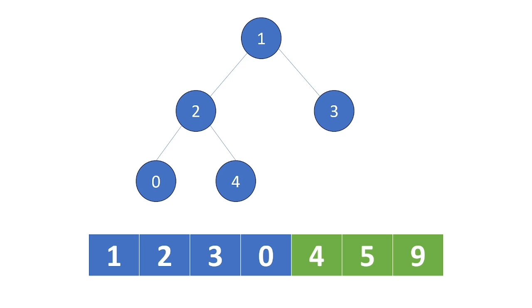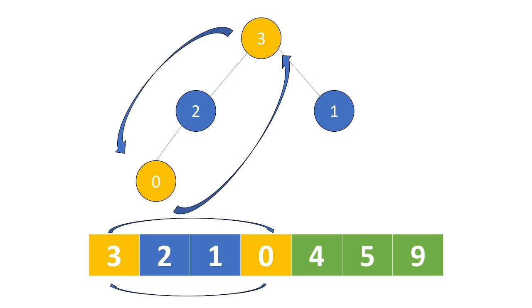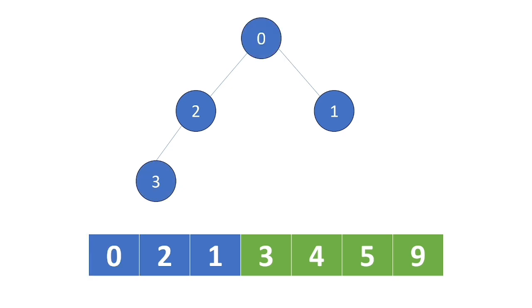Now we get the element. We will ignore it again, and we will perform the heapify again. We will swap again the root element and the largest value. Now we will ignore again the sorted element of the array.